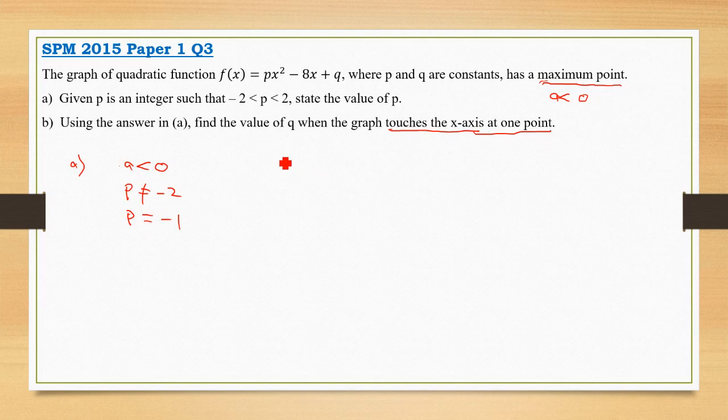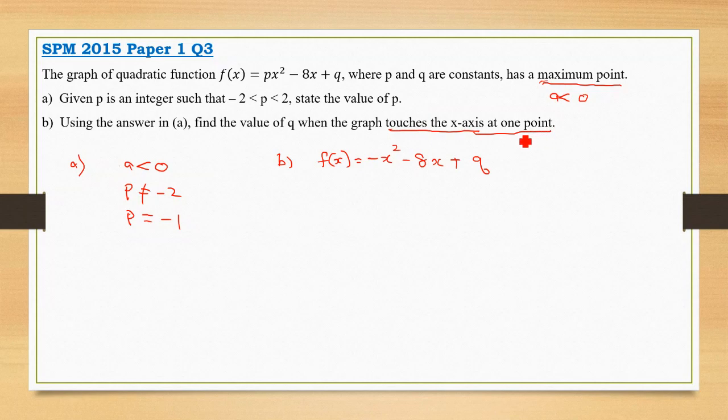So let's write the equation first, replacing your P with -1. What we have is -1x squared minus 8x plus Q. Now they say touches at one point.